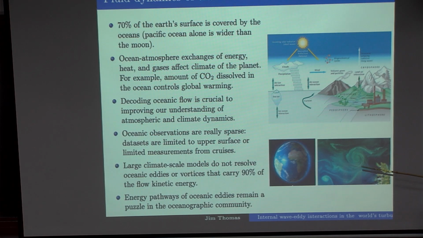When you look through satellite images, you see a lot of these kinds of structures. And the eddies that we saw earlier carry about 90% of the flow kinetic energy. So understanding these eddies is important because these turbulent eddies transport the flow energy, momentum, and tracers across the oceans. And when you look at the dynamics, it's about 1,000 kilometers.